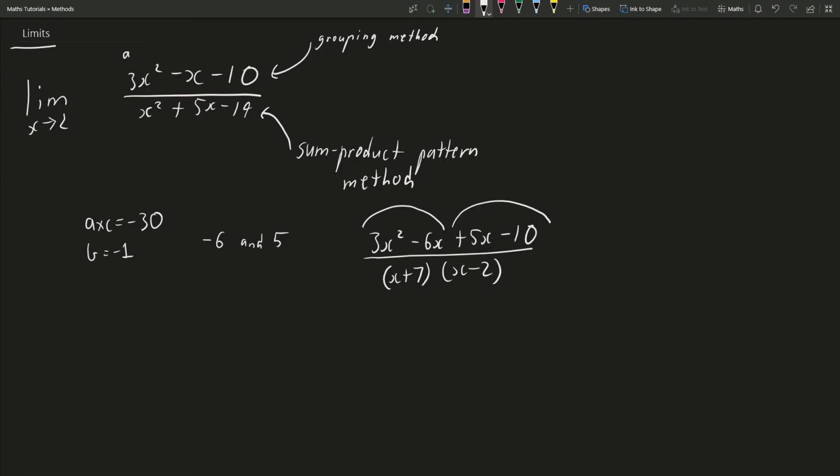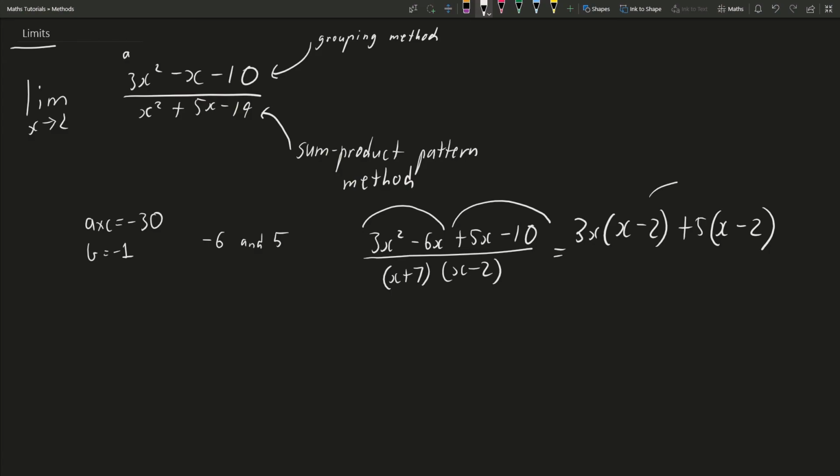So I'm going to bring the 3x out the front, 3x multiplied by x minus 2. And we'll do the same thing with the other side. The highest common factor of 5x and negative 10 is 5. So 5 multiplied by x to get 5x and negative 2.